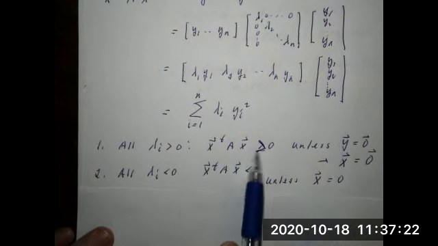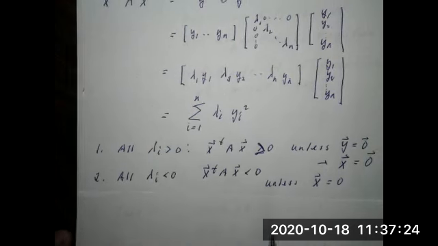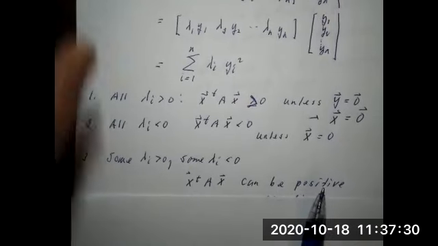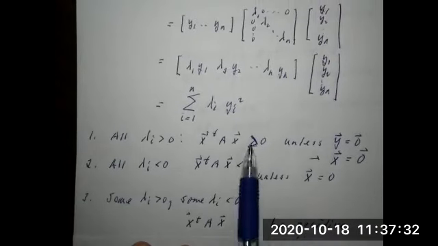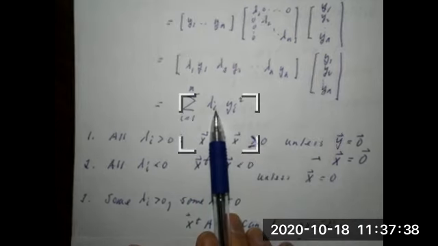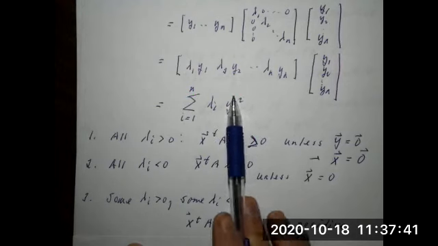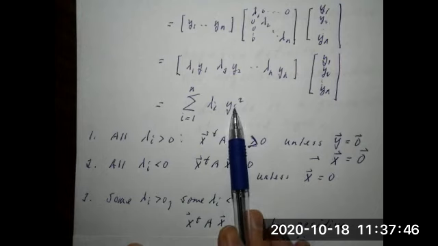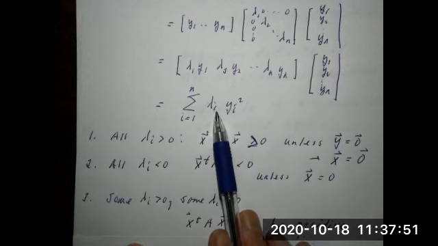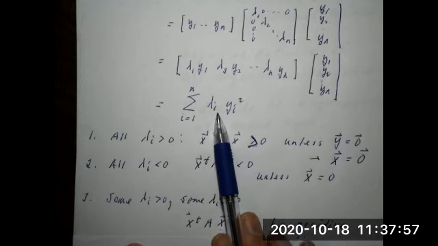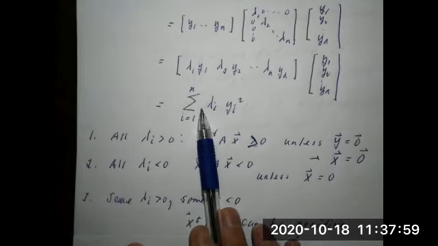Now in the third case, some of the eigenvalues would be positive and some would be negative. What we can do is, let's say we look at the eigenvalues that are positive. We could set the y sub i's corresponding to them all equal to 1, say, and set to 0 the entries of y corresponding to the negative eigenvalues, in which case this expression would be positive.